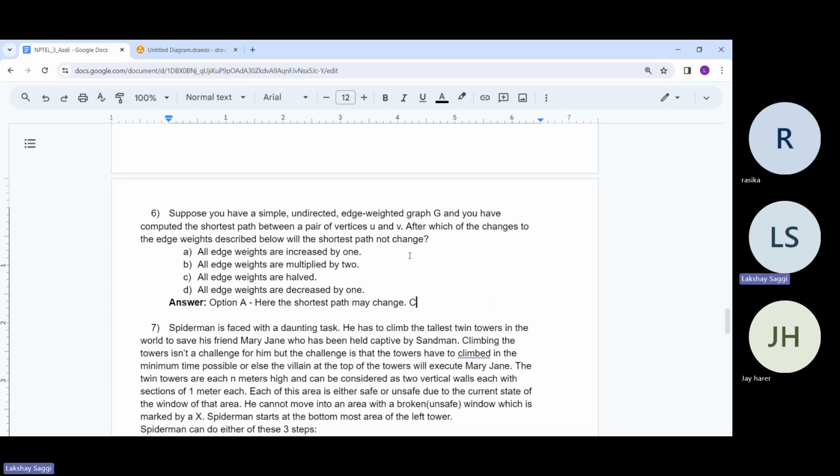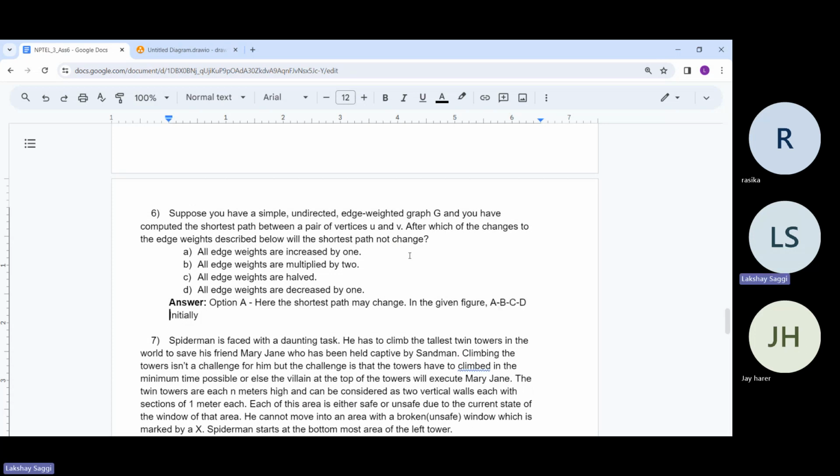And maybe I should just write down: in the given figure, ABCD is the shortest path initially, but AD becomes the shortest path later.